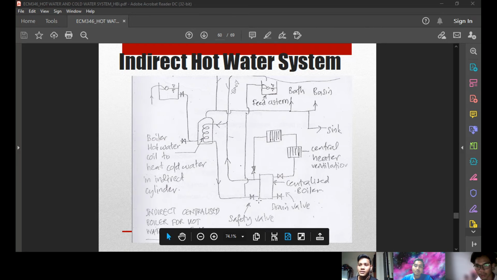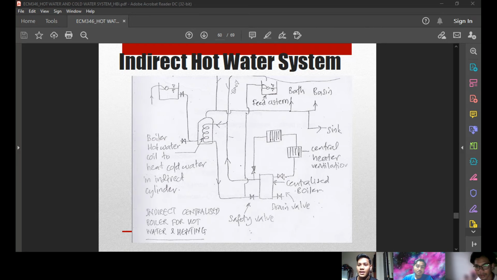This is the centralized boiler. Here is the flow of the water, and it goes to the feed system. This is the feed system. The water from the drain valve, and the water from the centralized boiler, goes to the boiler, and so on.